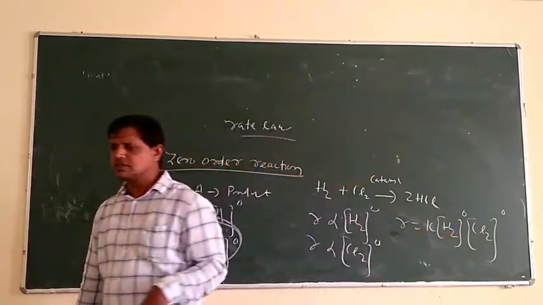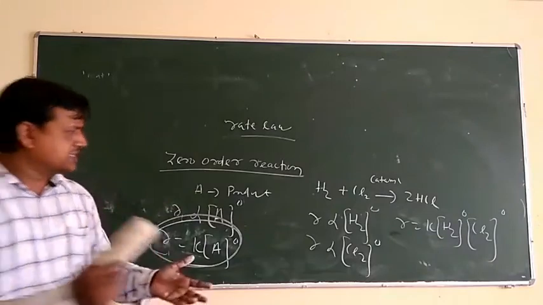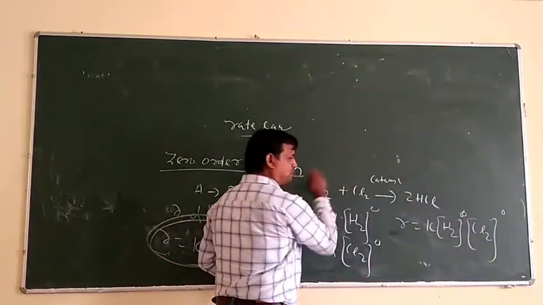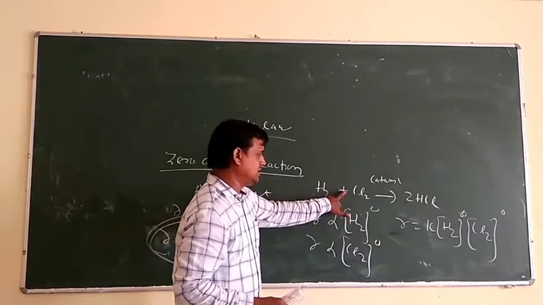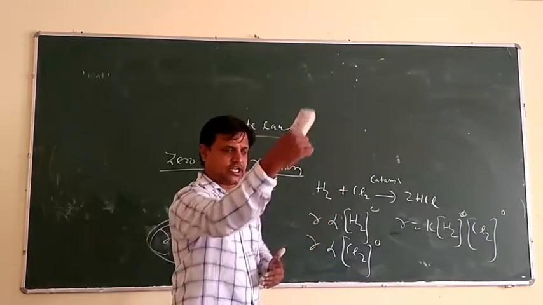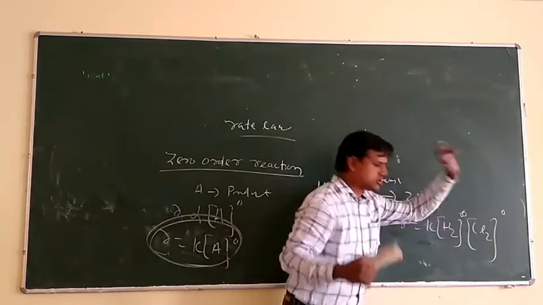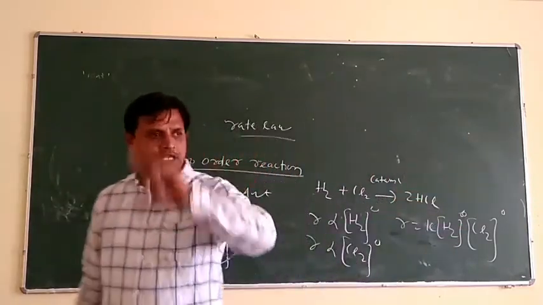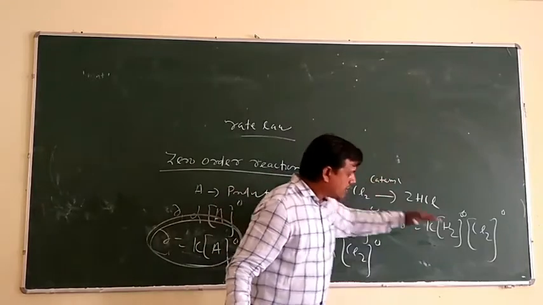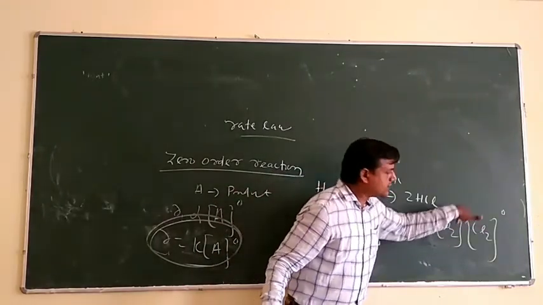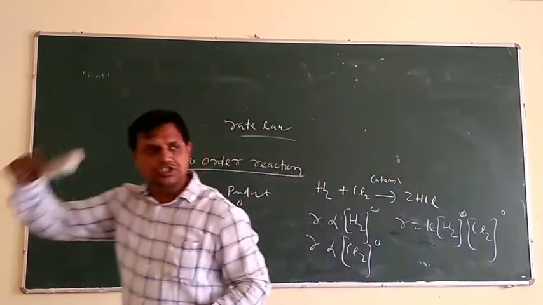So in every case your power does not match the coefficient 1, 1. After the experiment, the rate law equation has power 0. The order depends on the power in the rate law expression. The power in the rate law expression is 0, so the order is 0 plus 0.